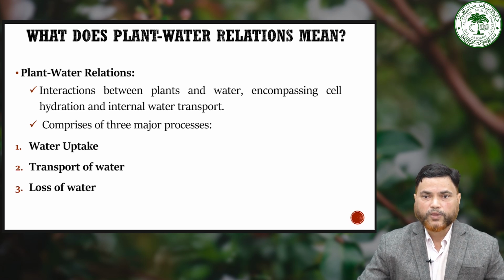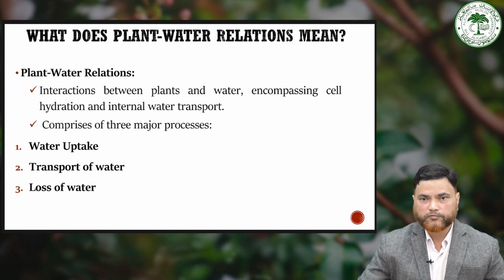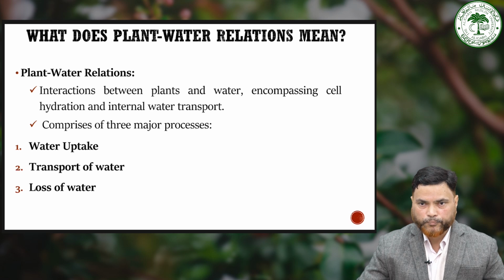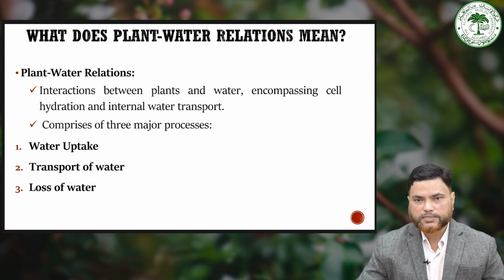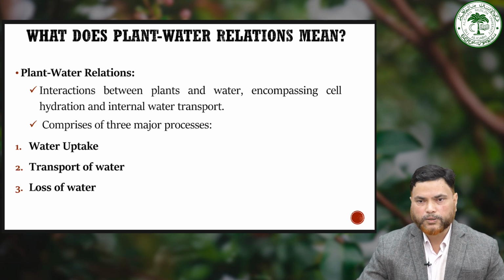First of all, how plants take up or absorb water from the soil. Plants obtain water from the soil to address their metabolic necessities. Therefore, a large amount of water is continuously absorbed from the soil and then moved through the plant.